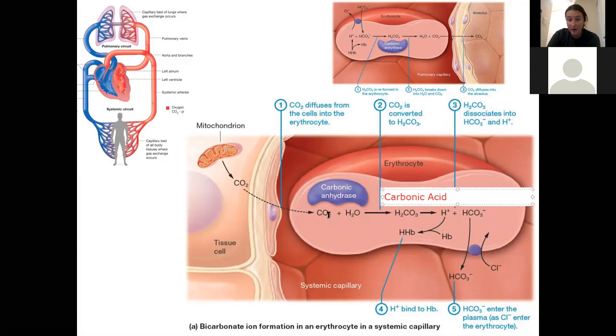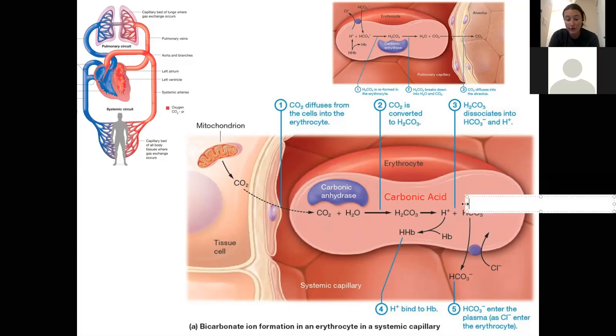Okay, so again, carbon dioxide from your tissues is going to enter into your red blood cells. An enzyme that is in your red blood cells, carbonic anhydrase, is going to join carbon dioxide and water to produce carbonic acid. Now, carbonic acid is going to immediately dissociate into bicarbonate, HCO3, and hydrogen ions.